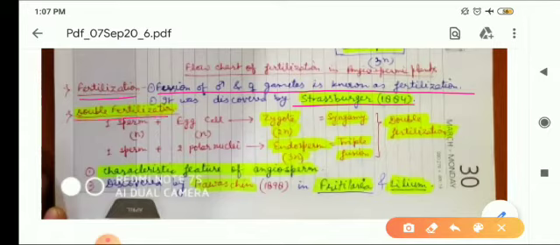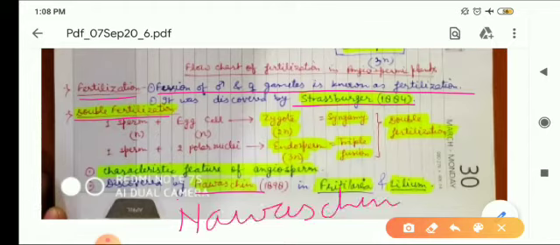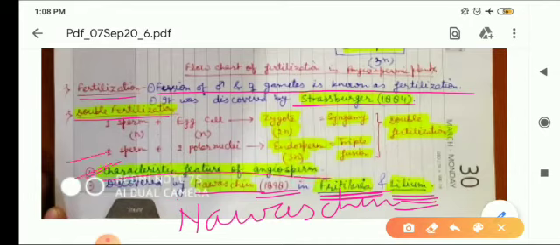But double fertilization was discovered by Nawaschin, N-A-W-A-S-C-H-I-N, in 1898 in Fritillaria and Lilium plants. This is the characteristic feature of angiospermic plants: double fertilization and triple fusion.